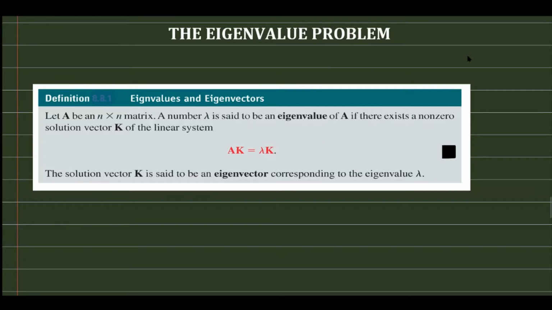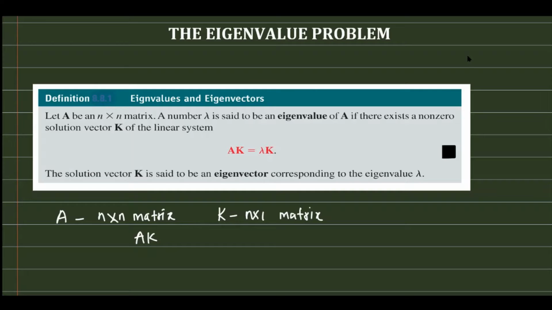So here we are considering A to be an n by n matrix, a given square matrix, and K is an n by 1 column matrix. So when we do the matrix multiplication AK, we know that the multiplication should be compatible.